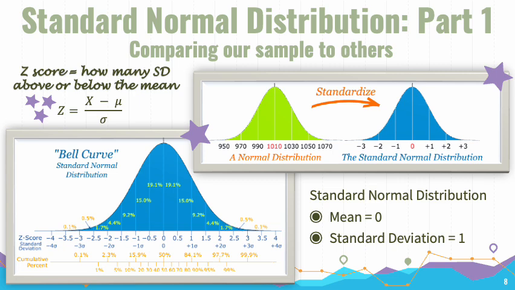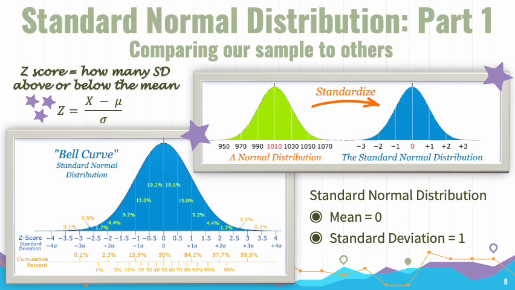So let's connect this back to the empirical rule and what we already know about a normal distribution. We've already discussed that 68.3% of values will fall within one standard deviation of the mean, 95.5% will fall within 2 standard deviations of the mean, and 99.7% will fall within 3 standard deviations of the mean.